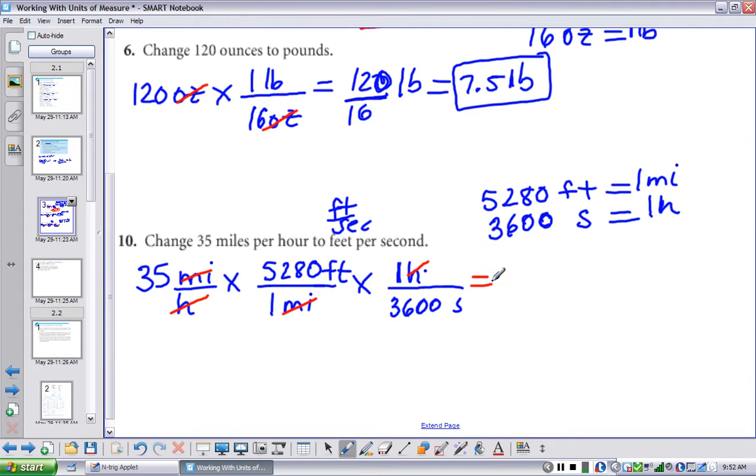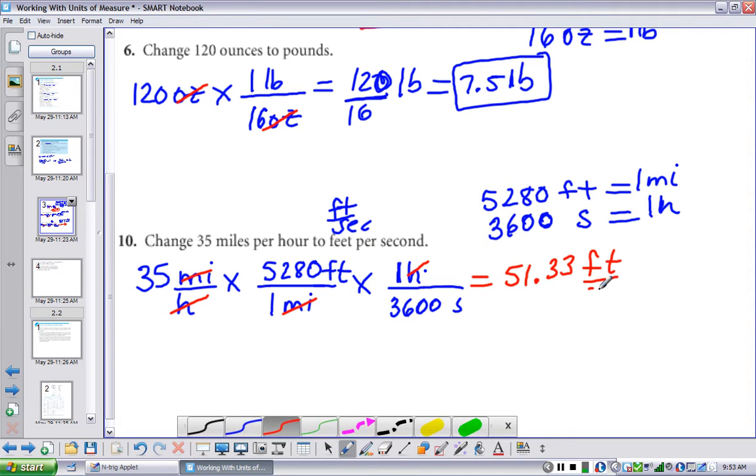So what do we have? 35 times 5,280 divided by 3,600 gives me 51.33 feet per second. And we need to make sure that we're using what the book uses as an abbreviation. Here I put SEC for second, but it's really S for second.